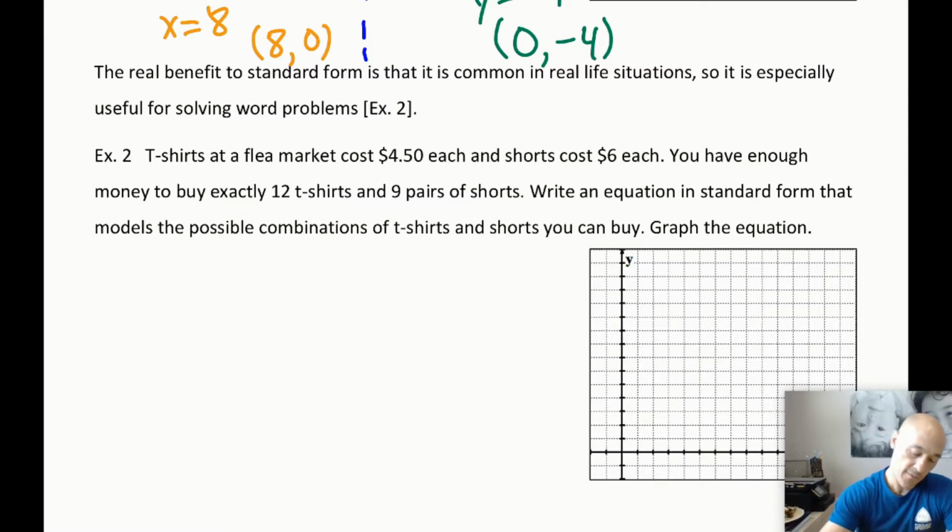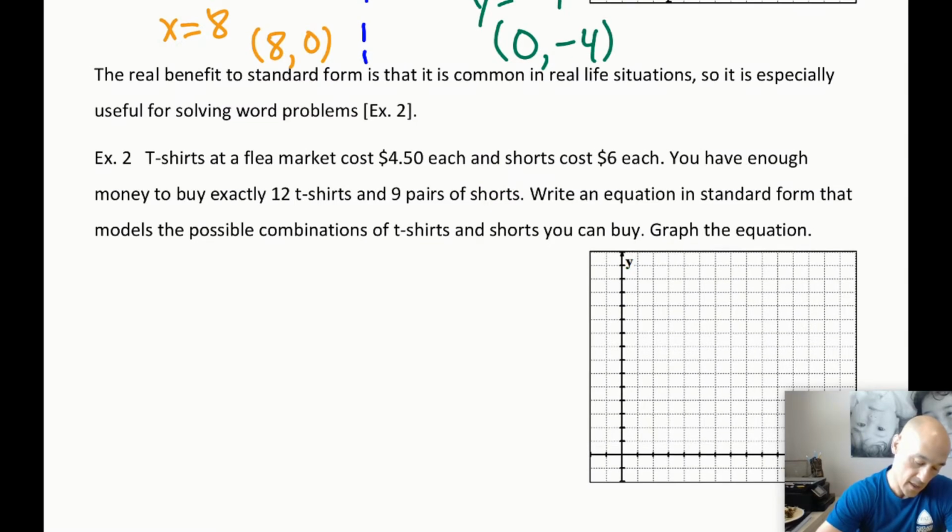All right, so the first thing to note here is we need to represent t-shirts and shorts somehow. So I'm going to let T, and I make it with this little hook on the bottom so it doesn't look like a plus sign, T will be the number of t-shirts.